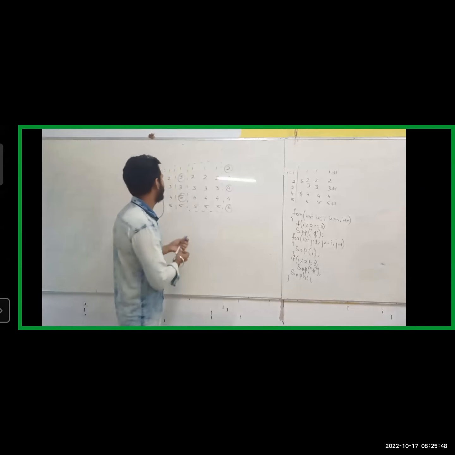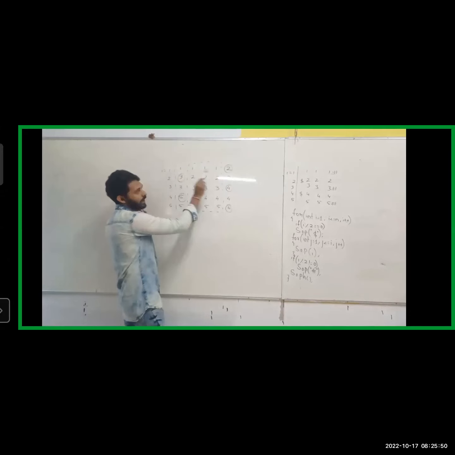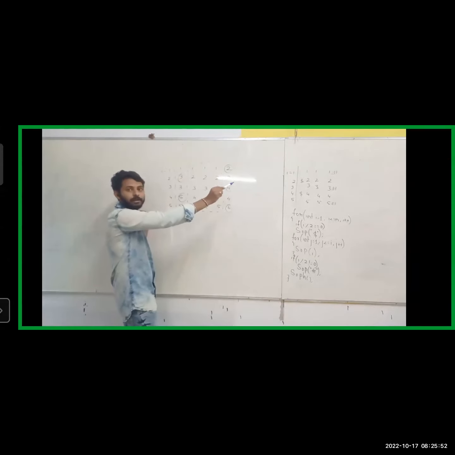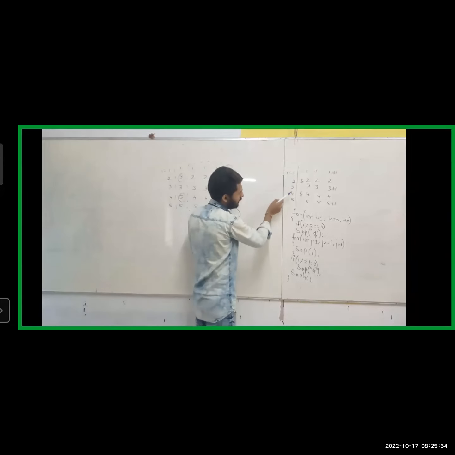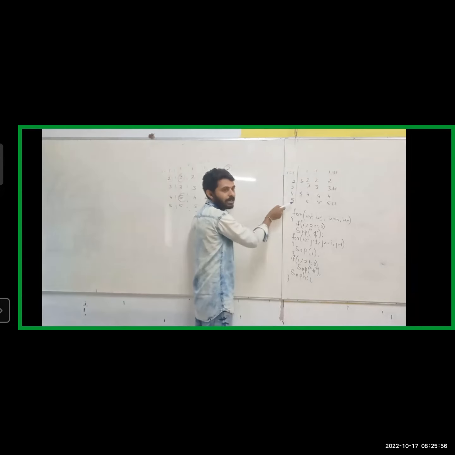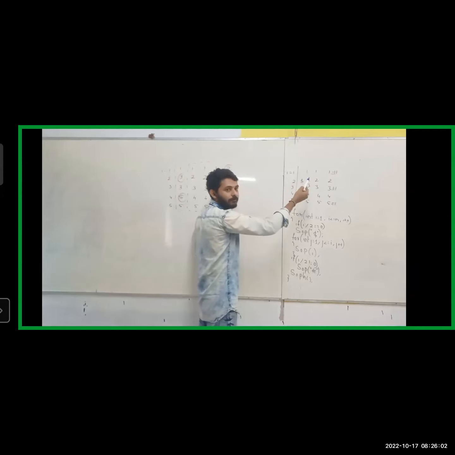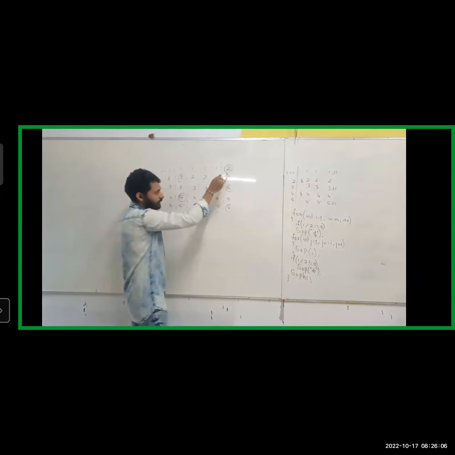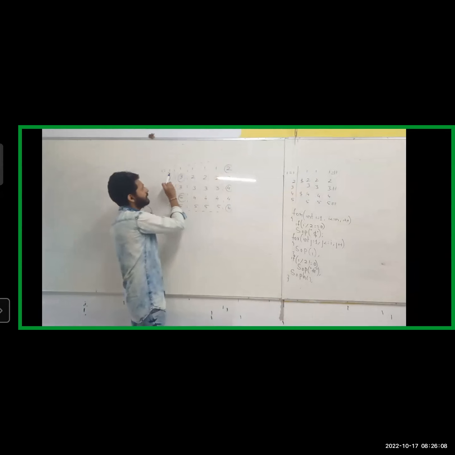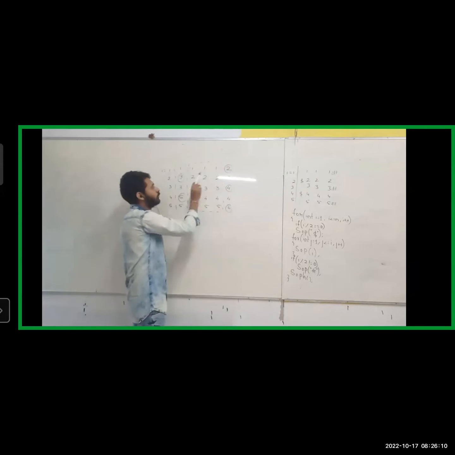Now what should I do? Whenever row number is odd, I'm printing ash in the end. See here, here, here, here. These are odd numbers, right? 1, 3, 5. Whenever row number is odd, at the end of the line I should print ash. Now you compare that here. If row number is 1, I want to print 2. If row number is 3, I want to print 4.